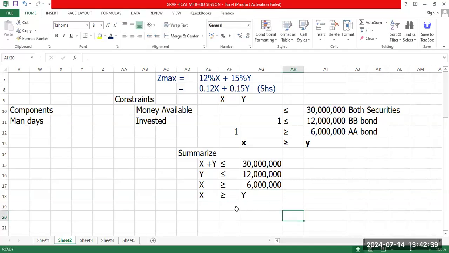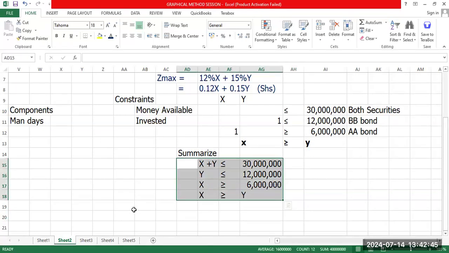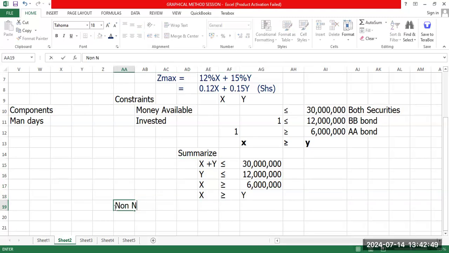Full stop. Now I have my constraints, or I have my information here. Then I put non-negativity. And non-negativity should be x is greater or equal to 0.